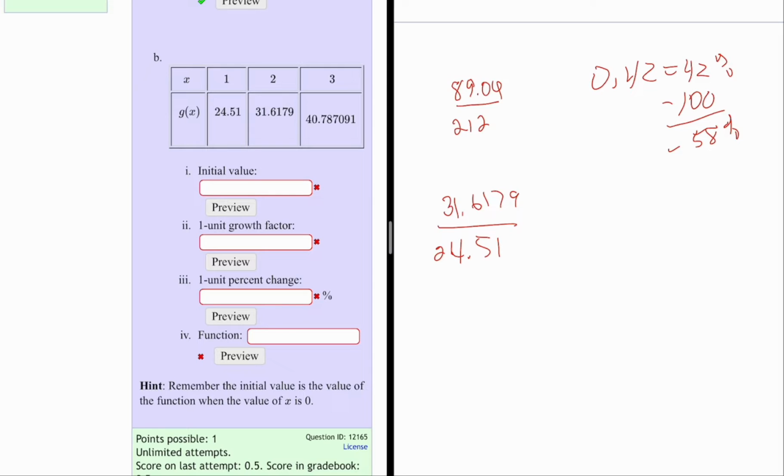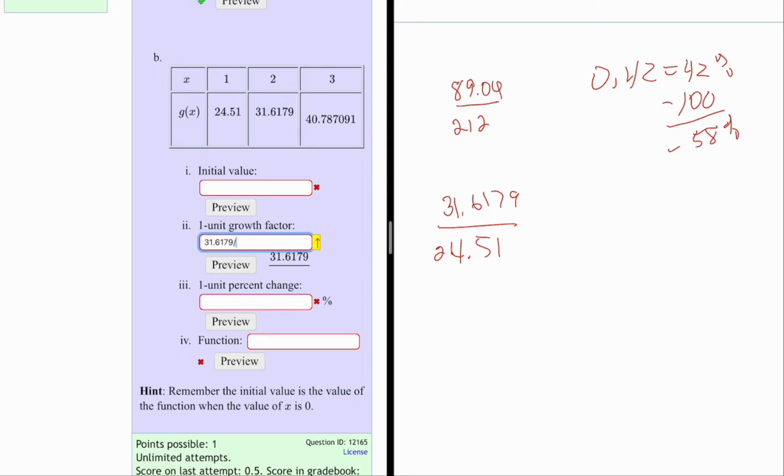You always put the one further on top and then the one before it underneath. So 31.6179 divided by 24.51. I'm just going to type that in because, well, you know. Let them do the math.